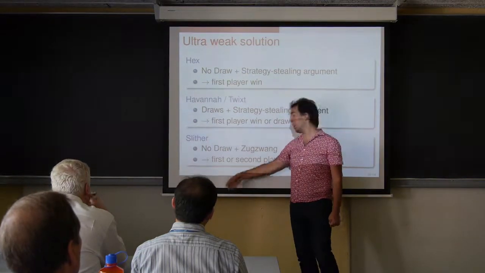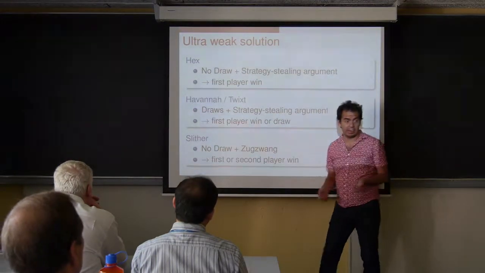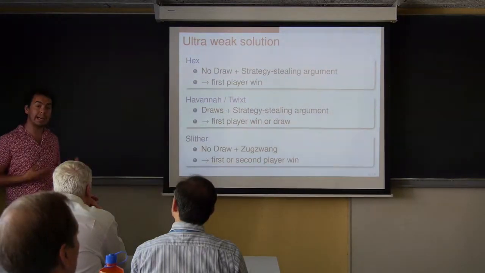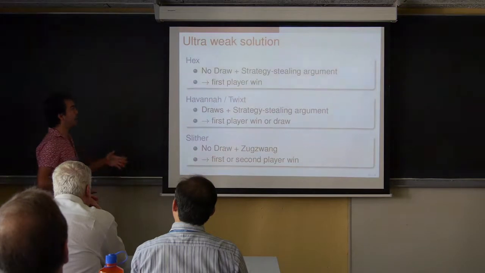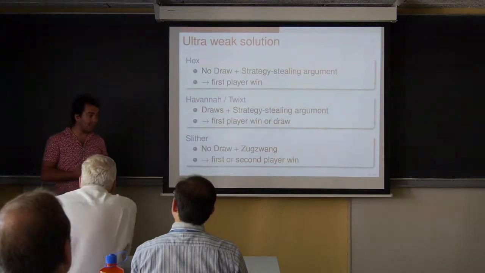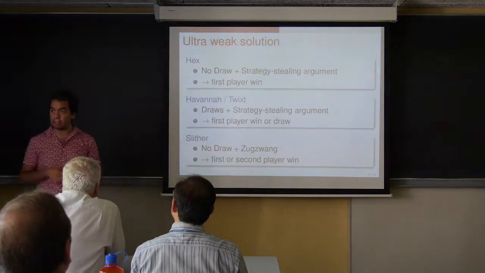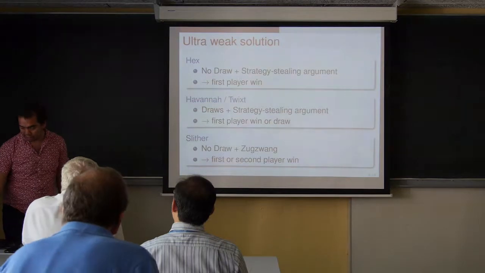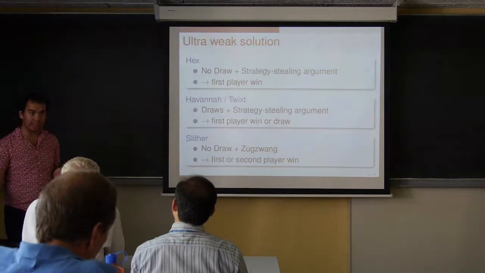So we derive that it's a first or second player win. I don't have any idea how we could go further in that ultra-weak solving. We can weakly solve small positions, but for ultra-weakly solving arbitrary sizes, I don't think it's possible with current techniques.